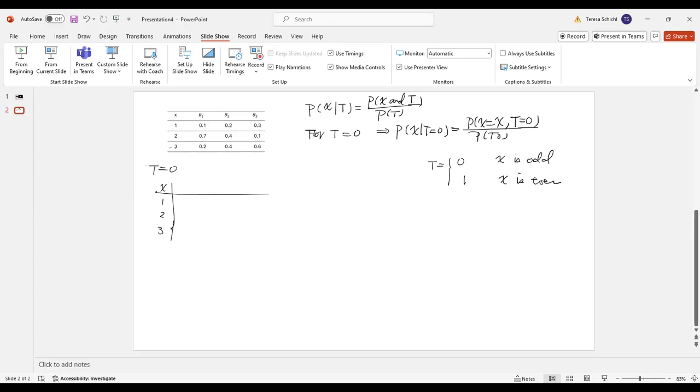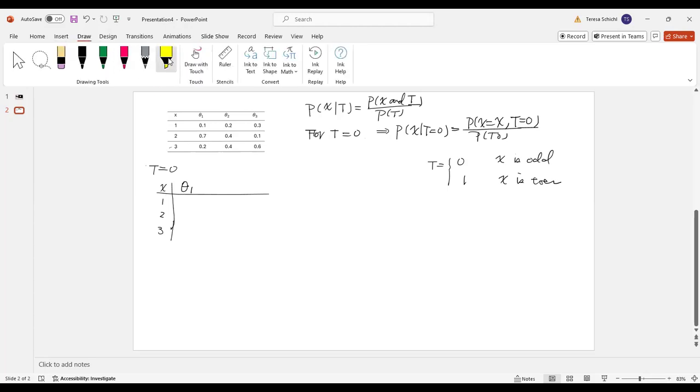So for theta 1, because T equals 0 here, x should be odd. So these are the ones, here and here.